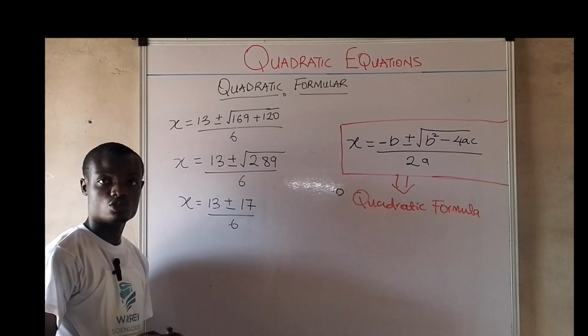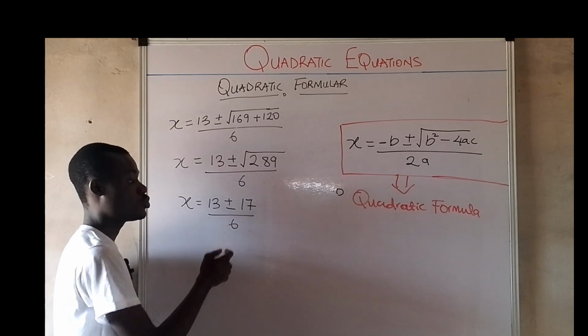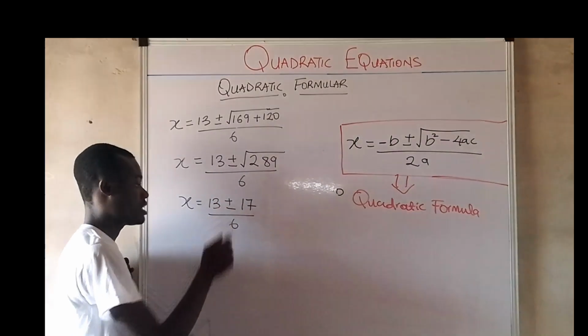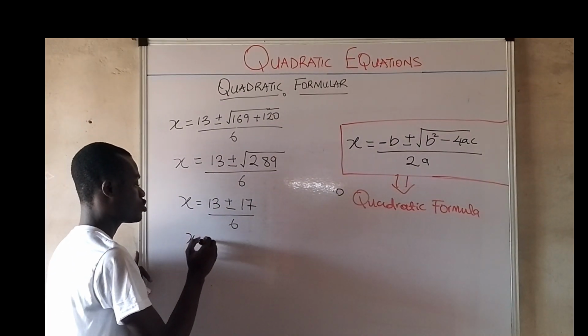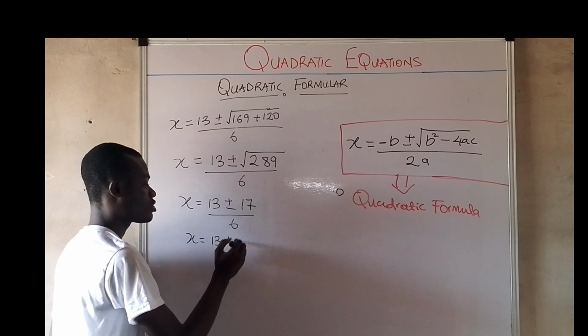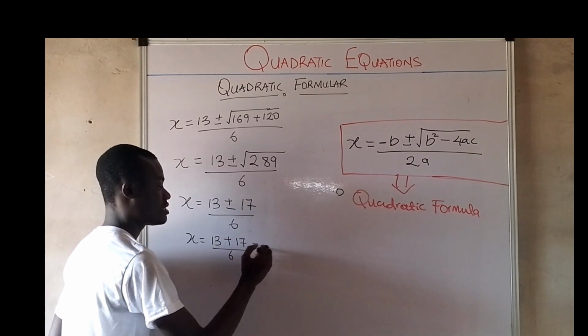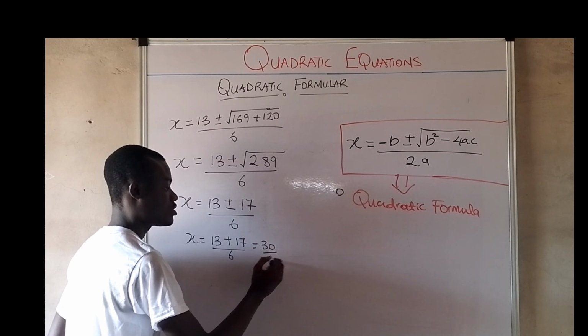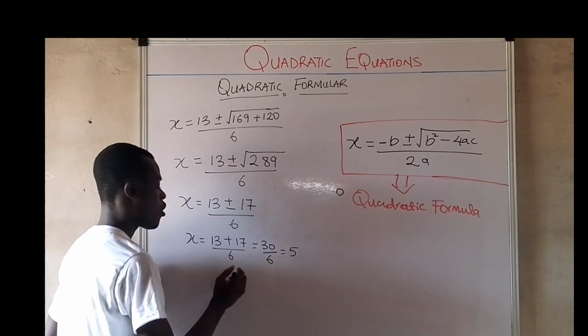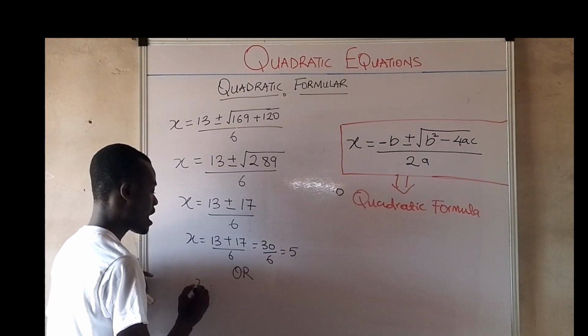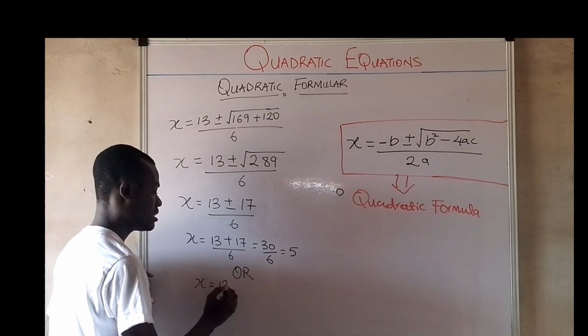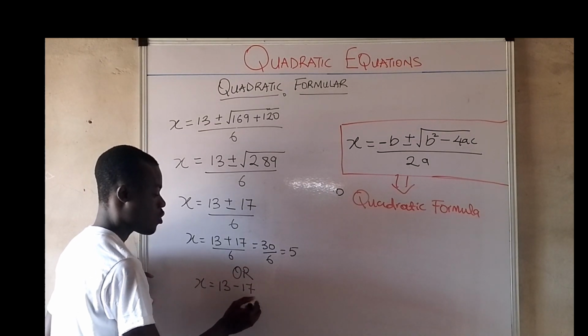Now we are at this junction again where we have plus or minus. We'll take the plus first, then the minus. So x is equal to 13 plus 17 over 6, and 13 plus 17 gives us 30, divided by 6, which gives us 5. Or x is equal to 13 minus 17 over 6.